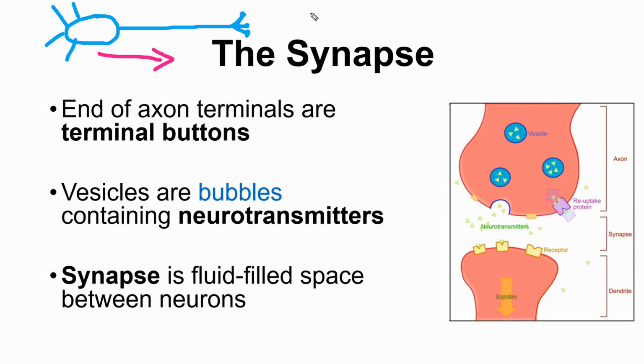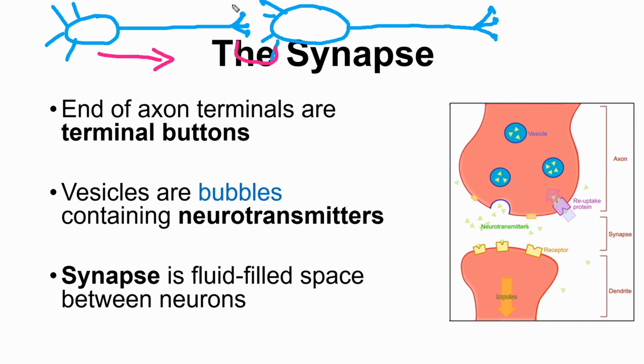The next cell is going to be another neuron. It's going to have its dendrites lined up over here, and then it'll have its axon and its own terminals down there. We're going to be looking at this part in the middle where we jump from one cell to the next. So this gap is called a synapse.